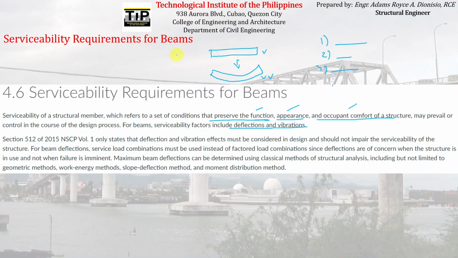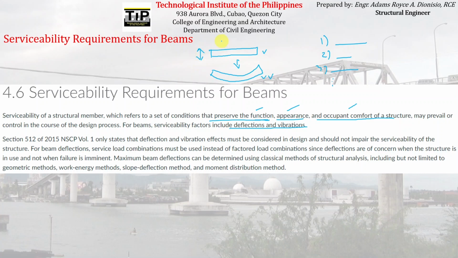Every time the elevator goes up and down, there is a tendency for your floors to vibrate because of the motion of the elevator. Obviously your floors will vibrate, but it should not be excessive. So that vibration should be considered in the design. If our beam vibrates, it should not be excessive. Okay, so we have to limit vibration so that the structure will still give comfort to the occupants.